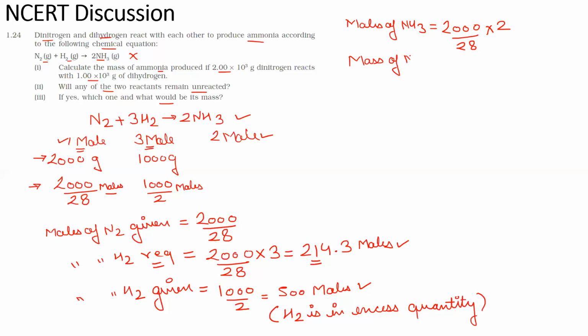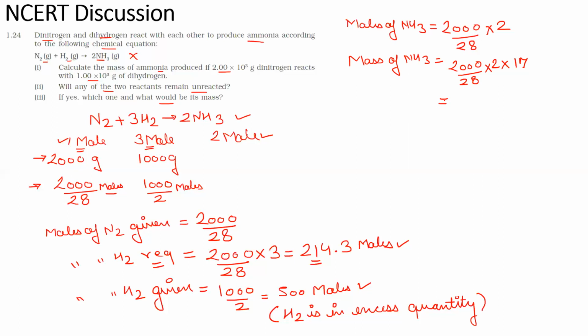So the mass of NH3 produced will be equal to 2000 by 28 into 2. These are the moles. The mass of 1 mole of NH3 is 17 grams. So the mass of this much moles of NH3 is going to be this thing into 17. So let us calculate this.